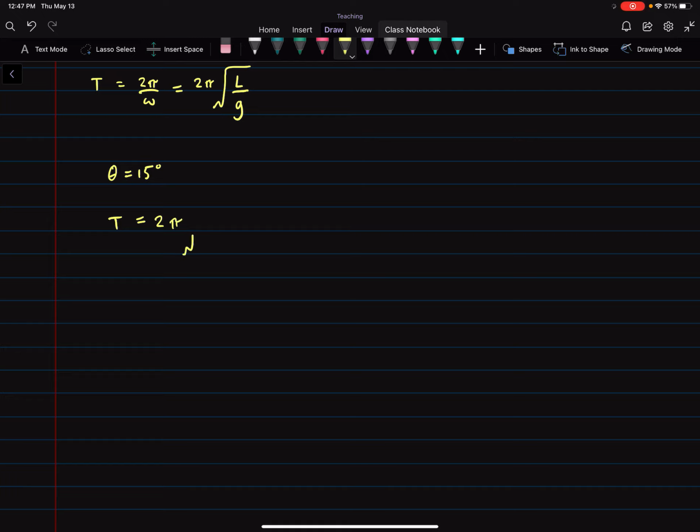So 2 pi square root of L over g times 1 plus 1 squared over 2 squared sine squared theta over 2 plus 1 squared times 3 squared over 2 squared times 4 squared sine to the 4th of theta over 2 plus yada yada yada. You can keep going with that. So you can go to as many terms as you want. You see the pattern.